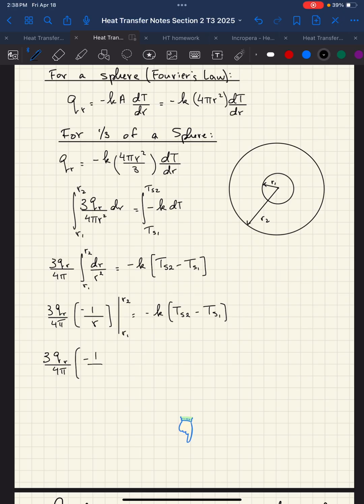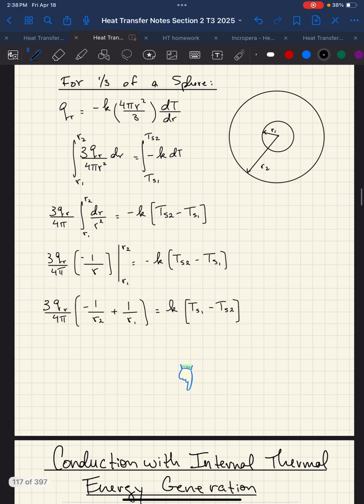Here I'm going to have minus 1 over R2. Minus minus is plus, so I get plus 1 over R1. And here I'm going to take this minus sign and put it in the parentheses, so I get here TS1 minus TS2. When you take the minus sign, you can switch them in the parentheses.